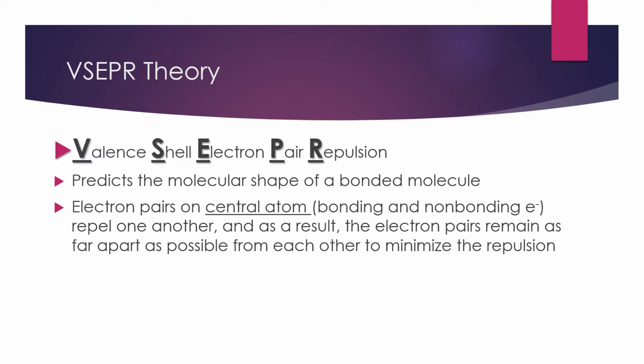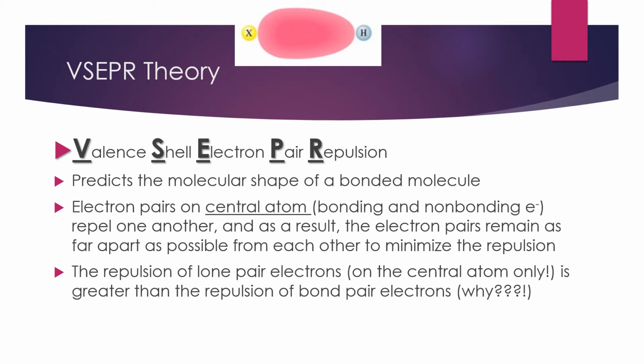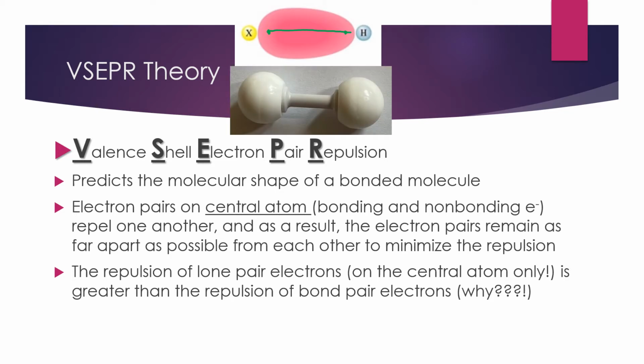Continuing on with this, y'all, lone pairs and bonded pairs. The repulsion of lone pair electrons on the central atom is greater than the repulsion of bond pair electrons. But why? This is an illustration of a bonded pair. The electrons are being shared between X and H. And again, this is the model for it.